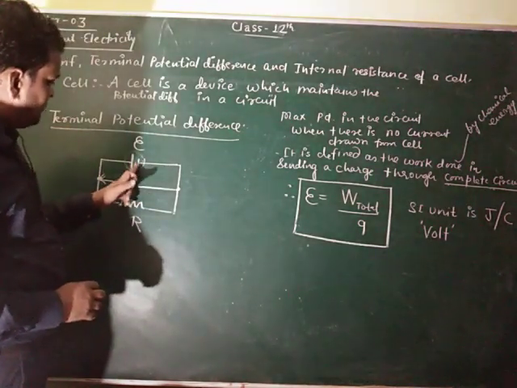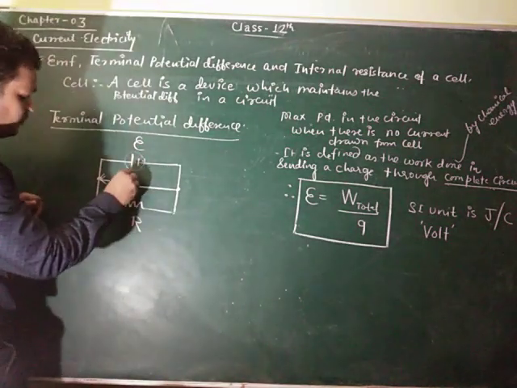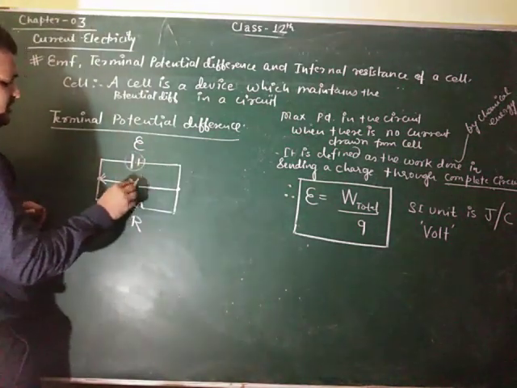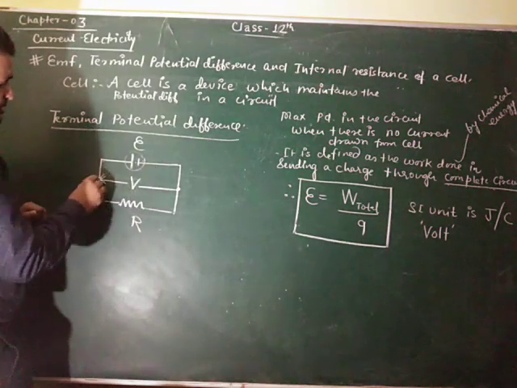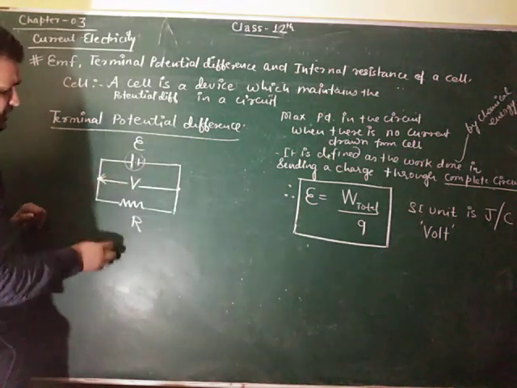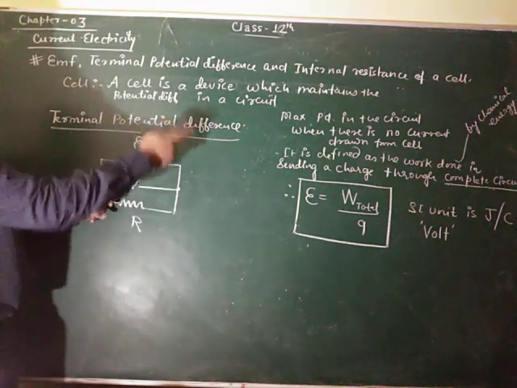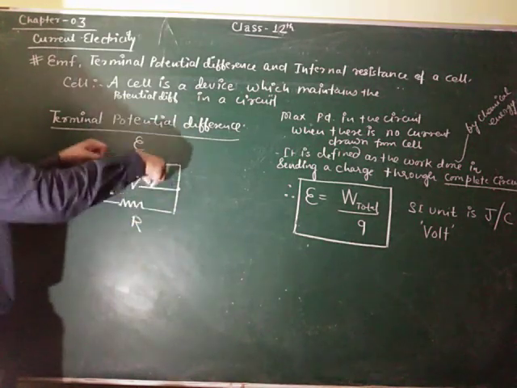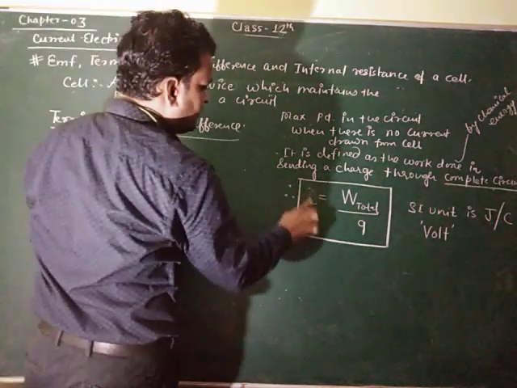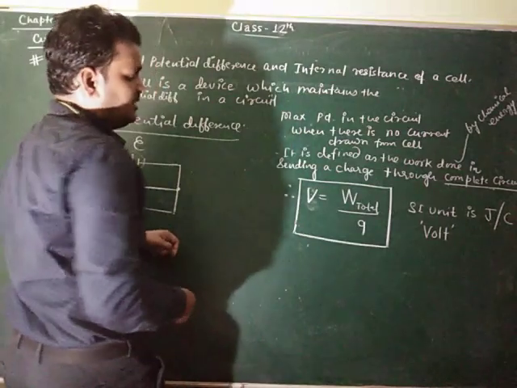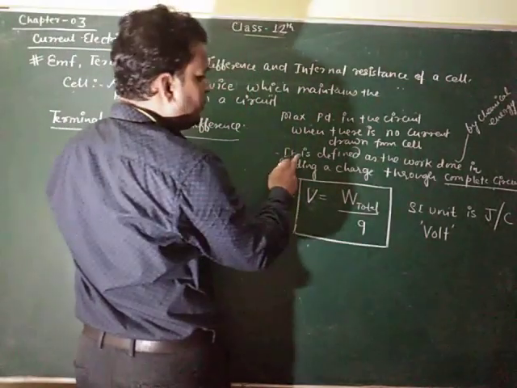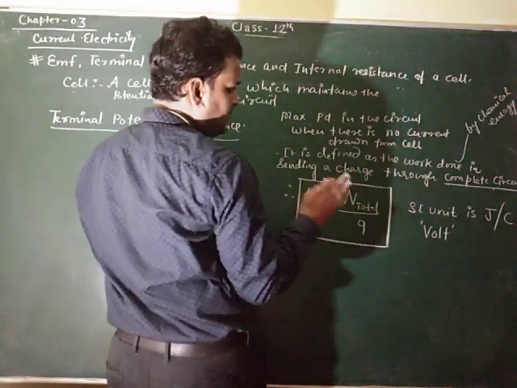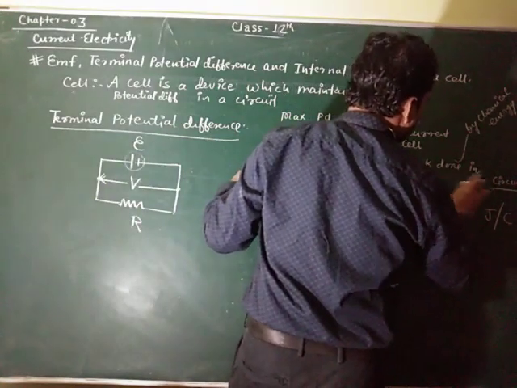Some potential is dropped inside the cell, and this voltage V, the voltage of the external circuit, is known as the terminal potential difference, the potential across the terminals.